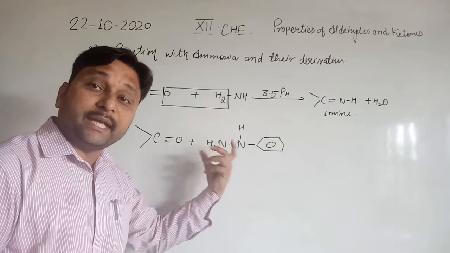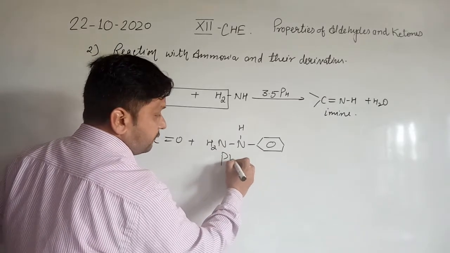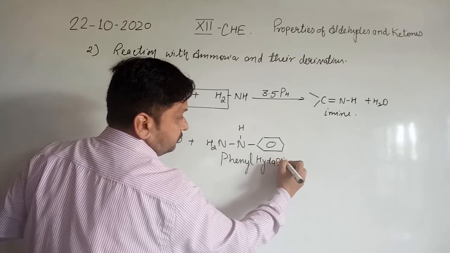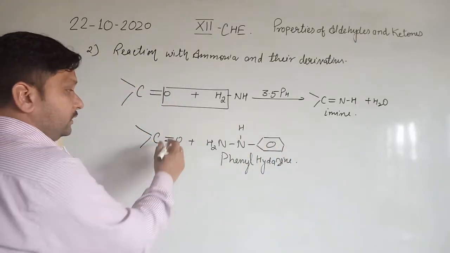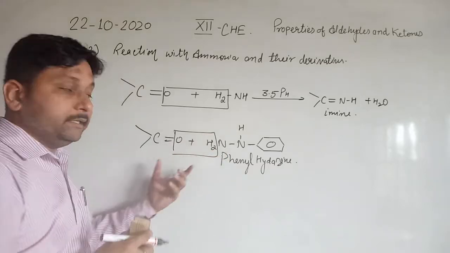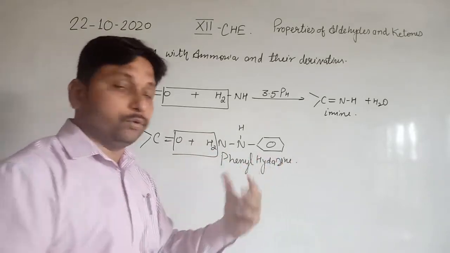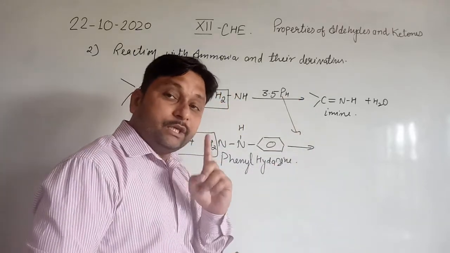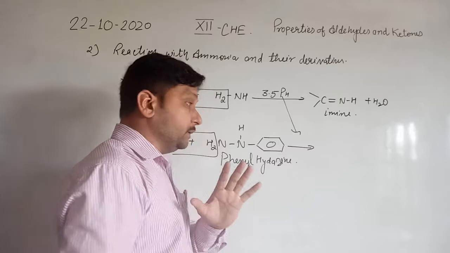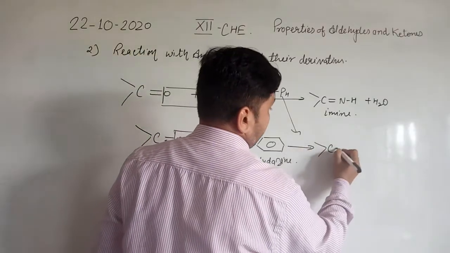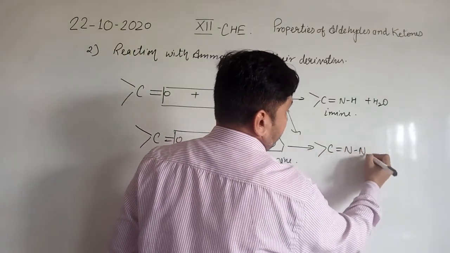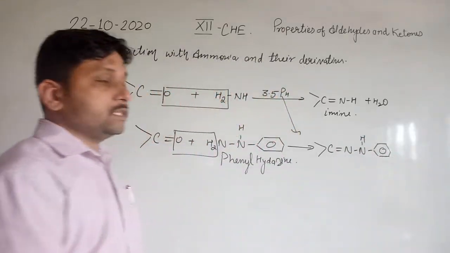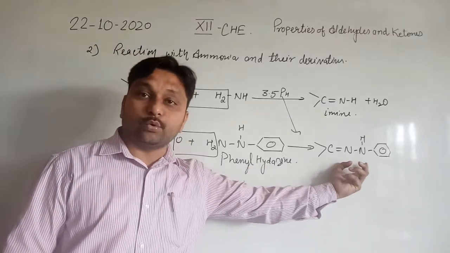This compound is known as phenylhydrazine. Clear? In the same way, the water molecule will be eliminated and it will form phenylhydrazone. The pH is the same, 3.5, meaning a weakly acidic medium. C double bond N NH with the benzene ring. So this compound is known as phenylhydrazone.